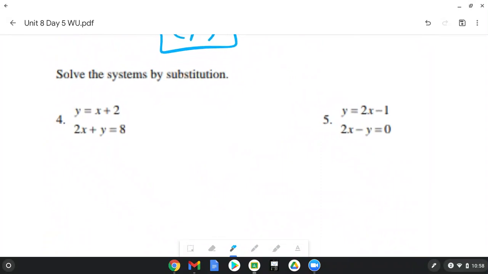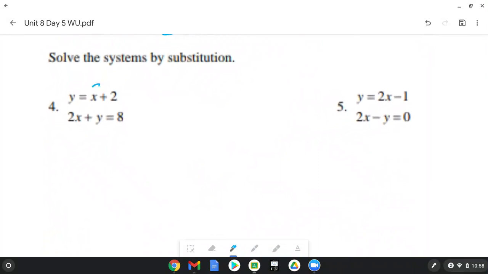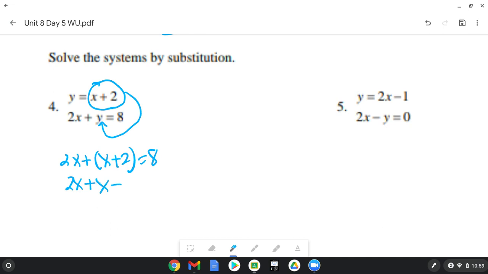And then the last two are by substitution. This is where we circle if something says y equals or x equals and plug it in for that letter that is solved for. So this says y equals, so we're going to plug in that x plus 2 for y. So now we get 2x plus x plus 2 on the left side. So that'd be 3x plus 2.